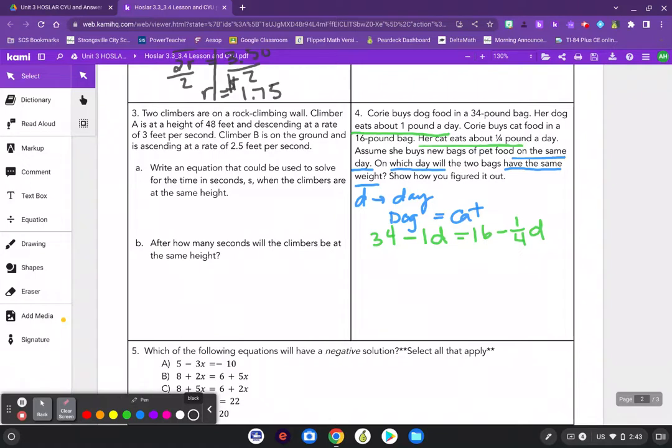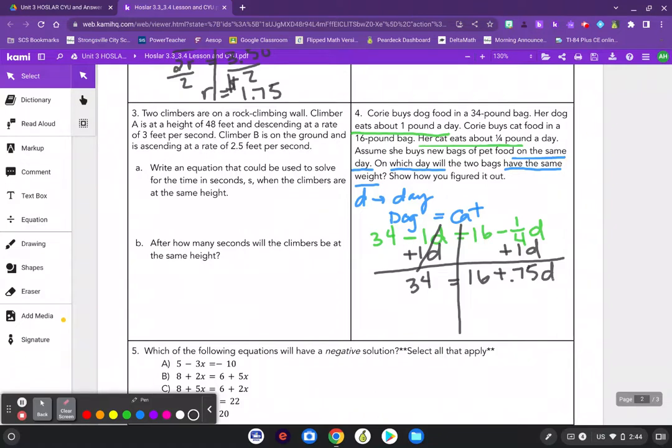And then your job is to solve, right? So I would choose to add 1D to each side. I prefer to work with positive variables when I can, and adding 1D to each side allows me to have 34 equal to 16 plus negative 0.25 plus 1 is positive 0.75, or you could say 3/4.